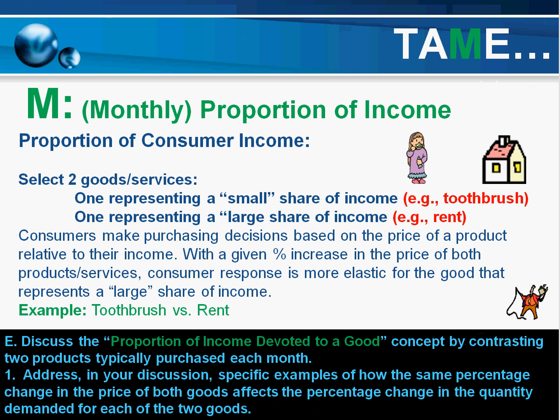However, you're paying a 300% markup for a good. The only reason we're willing to do that is because that 50 cents to $1.50, either way, represents a small share of our income. We wouldn't be able to absorb, nor be willing to pay, a 300% markup, say, on the mortgage for our home or our car payment. That's the point of the proportion of income principle.